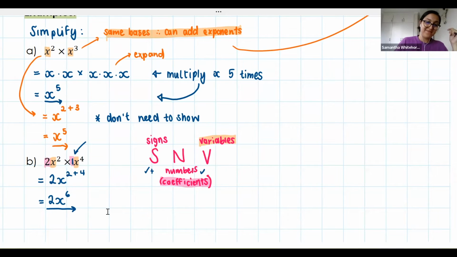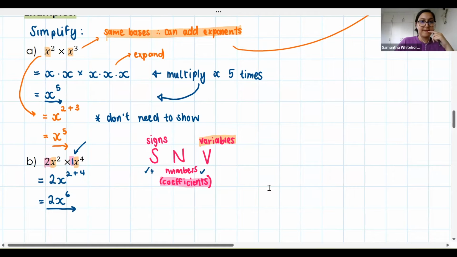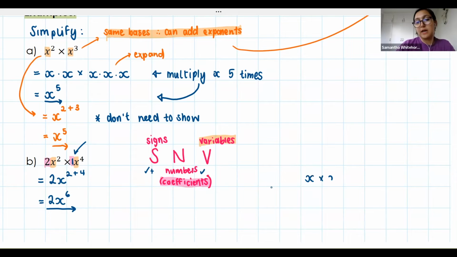Sorry. So in question B, the variable has an invisible exponent of 1. So if it's vice versa, and you have a variable, does that also mean that the power to that variable is an invisible power of 1? Yes. So if you had, for example, x times x squared, there is an exponent of 1 there, we just don't write it.